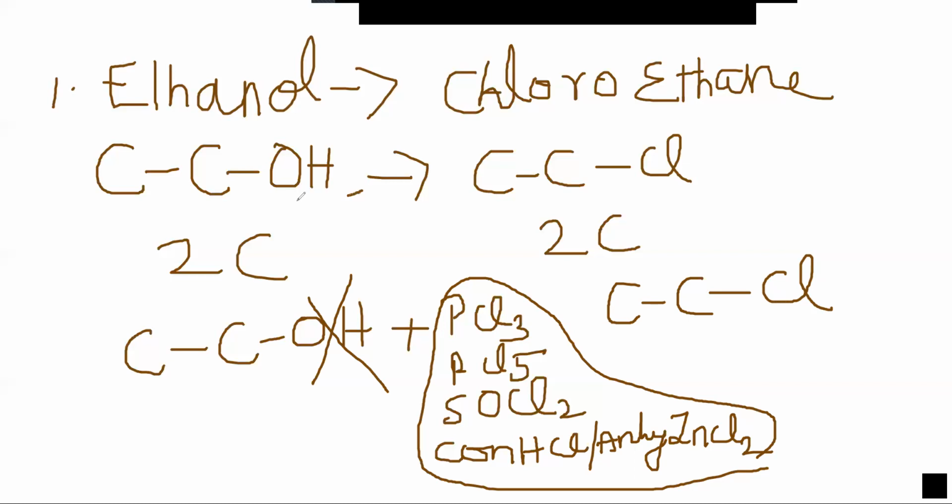For alcohol chlorination, you have to think of these chlorinating reagents. Any one of these chlorinating reagents you can use and convert the alcohol to chloroethane, that is a chloro compound. Just write any one of these and it gives the product C-C-Cl. That's all. That is enough.